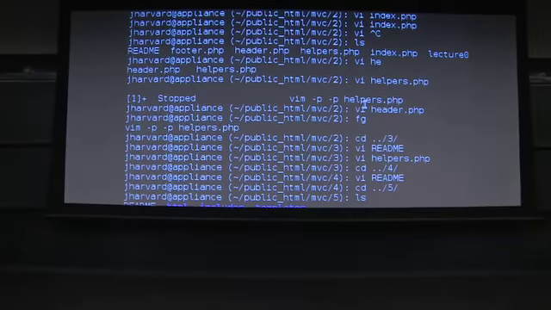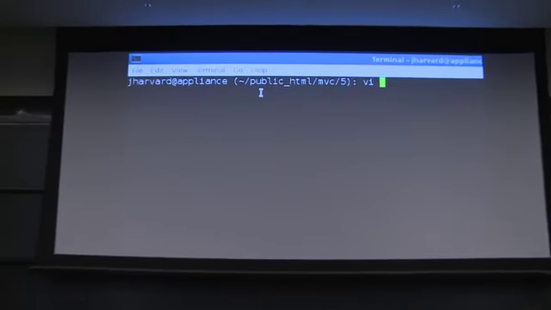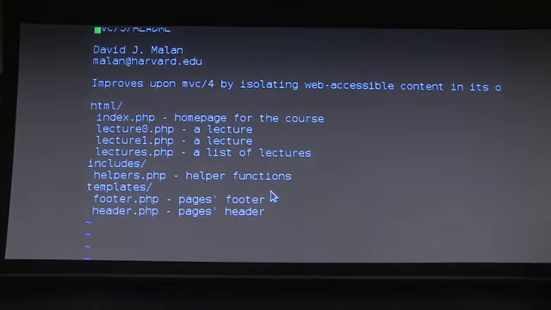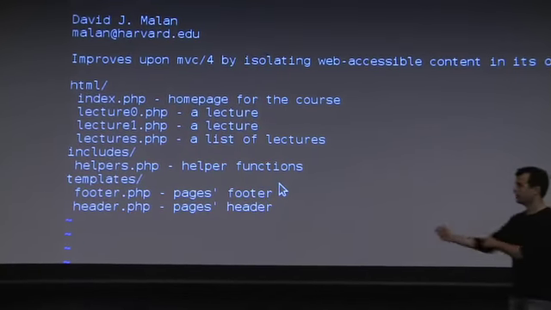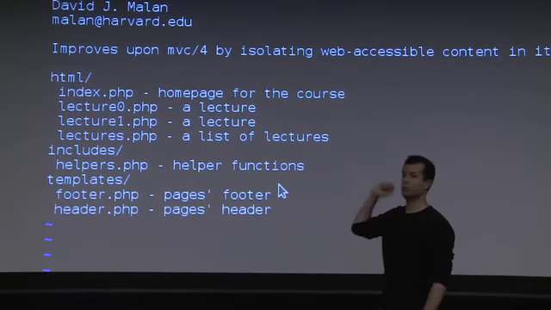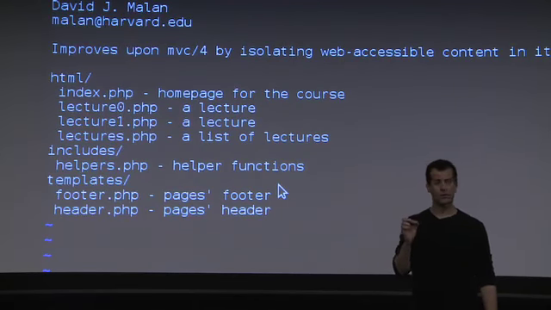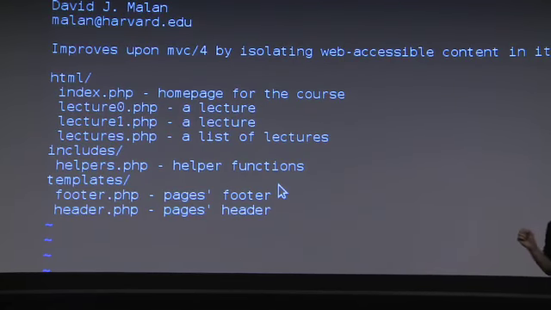And in version 5, what I instead did was this layout. I created a whole new level of hierarchy whereby I still had my includes folder. I still had my templates folder. But what's different this time versus the previous example? Yeah.